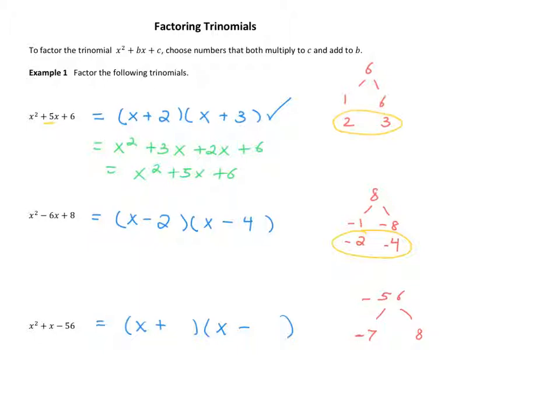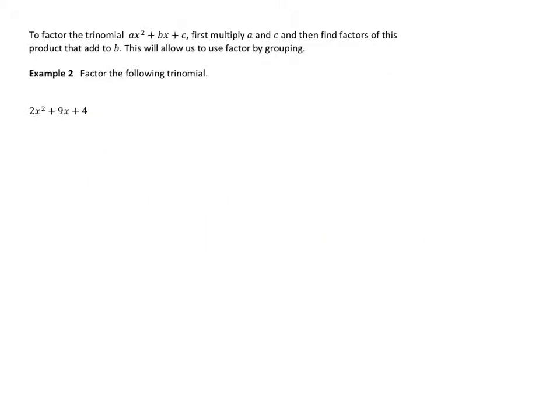I'm going to put the negative with the 7, and the reason for that is negative 7 times positive 8 is a negative 56, yet the sum of those two is a positive 1, so I'll put 8 here and 7 here. If I multiply this out, I definitely get a negative 56, and my middle terms of 8x and negative 7x add to a positive 1. So this would be the answer for this last piece here.